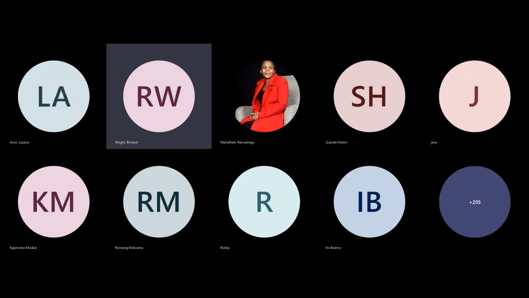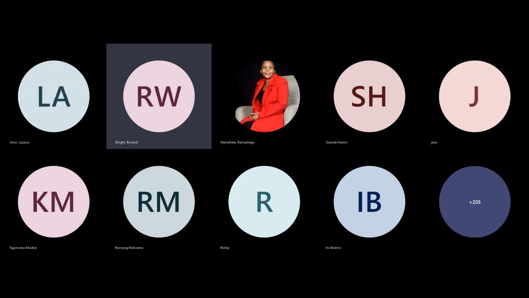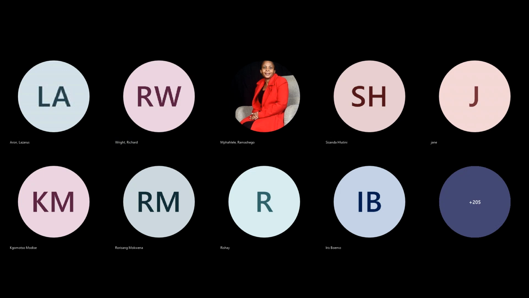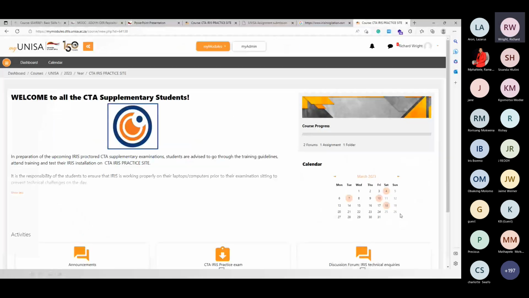So just quickly, let me start with this one. I'm going to share that link again on the screen. We did share it in the chat as well. So please make sure you've got this link and that you can access the Iris exam preparation site. Just to quickly show you, the site will look like this.